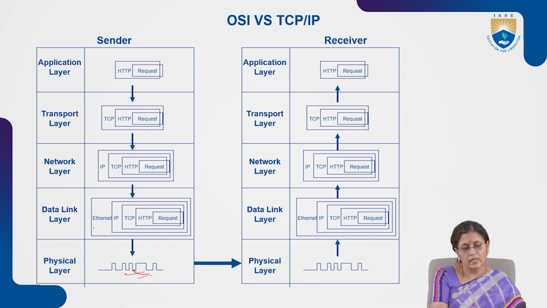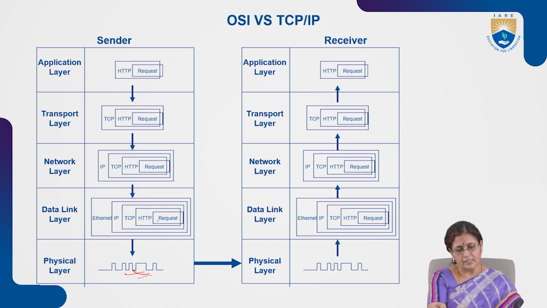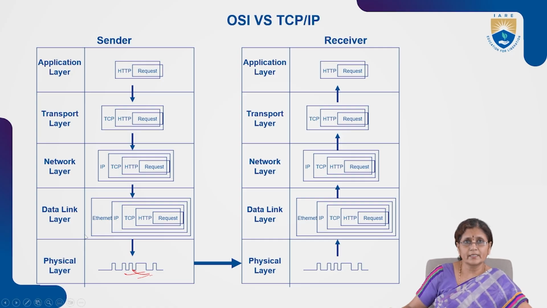So the Ethernet address, Internet Protocol address, transmission control protocol, then hypertext transfer protocol, and a request is sent in this way. Whatever data is there in the physical layer is in the form of a protocol data unit.